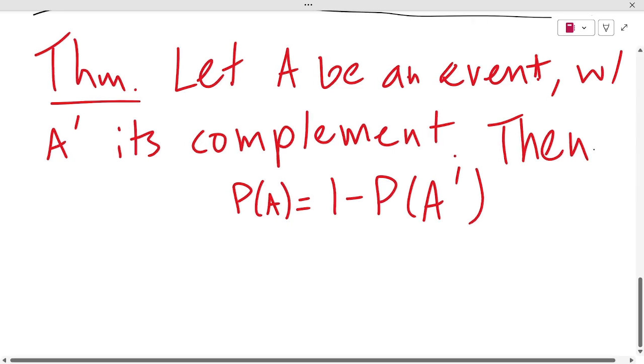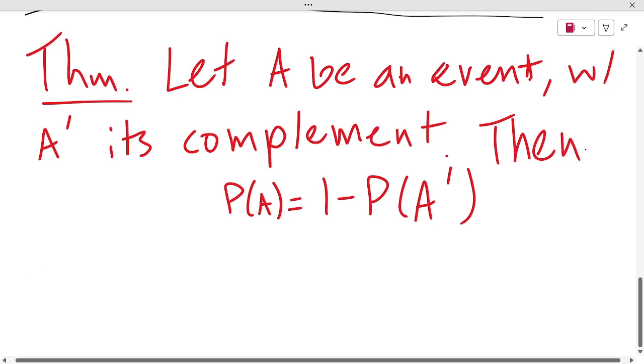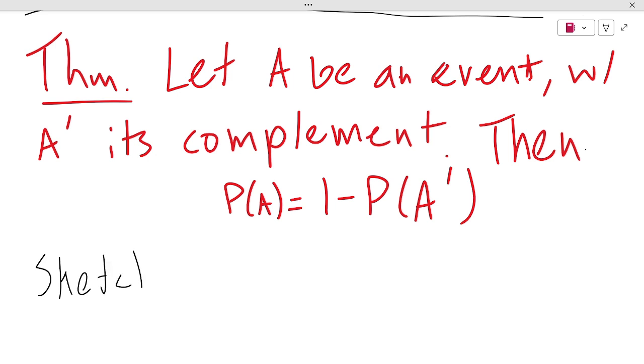This one, let's go over a quick sketch. We can talk about this proof and this theory as more of an intuitive sense. Because remember, A complement is everything not A in the universe, that means the union of them has to make up the sample space.